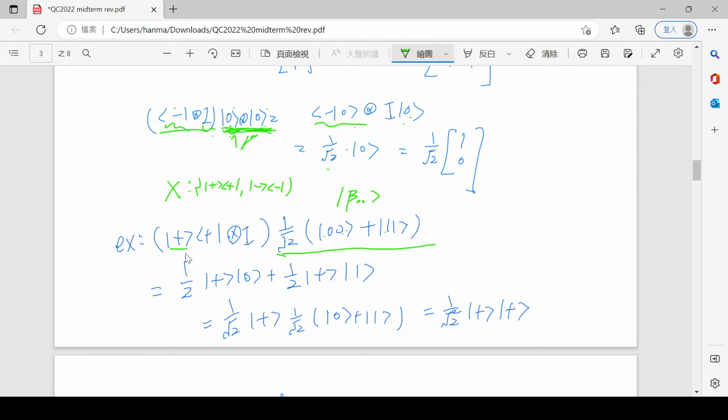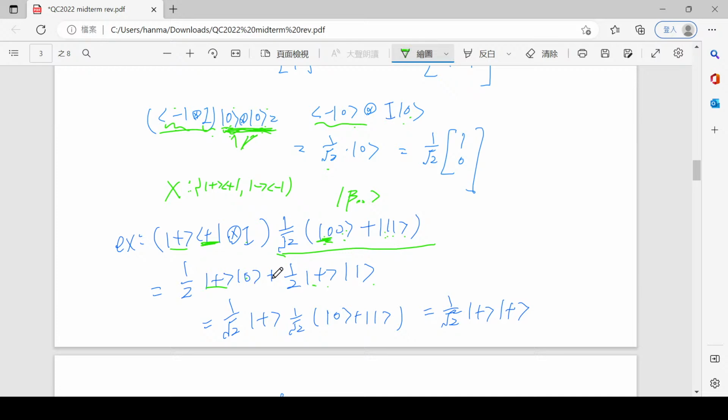The plus you leave as plus, but you also have this inner product between plus and 0, which gives you 1 over square root 2, and multiplied by the other 1 over square root 2 gives you 1 over 2. So on the |00>, you get plus tensor 0. And similarly, on the |11>, you get plus tensor 1.